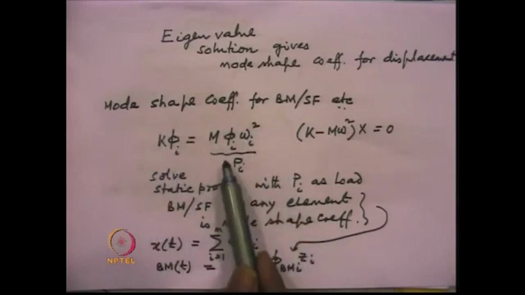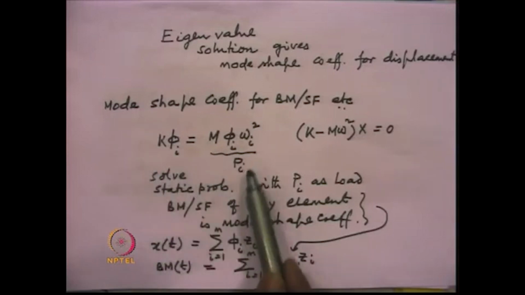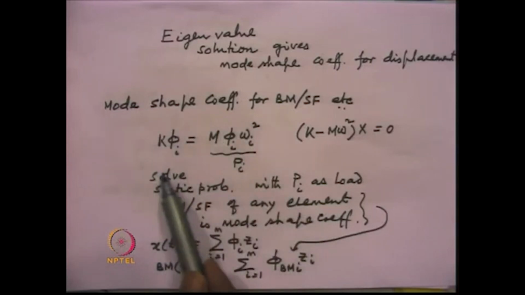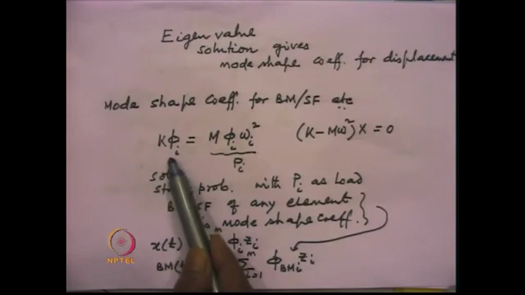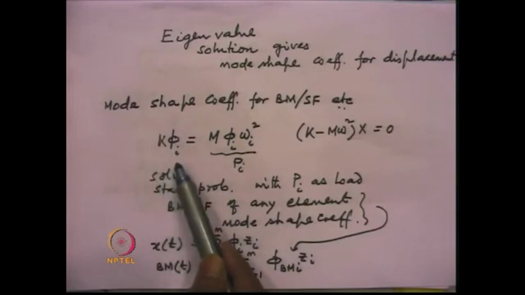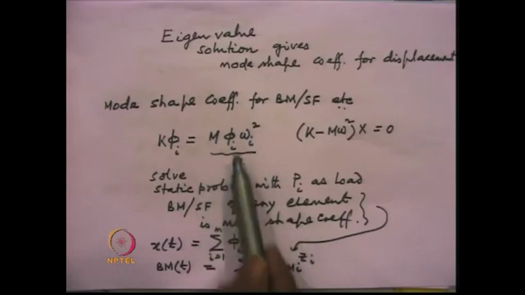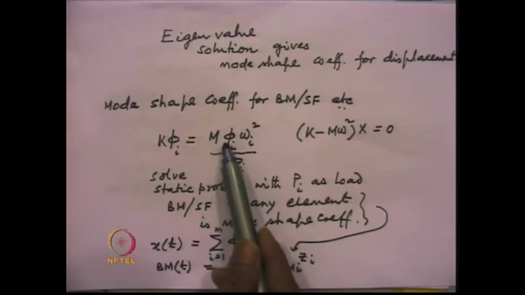Now, if you look into this equation, this is simply a static equation in which k into phi i is the left hand side of the static equilibrium equation, and if I consider the entire right hand side as Pi, a load, then this is the right hand side load.